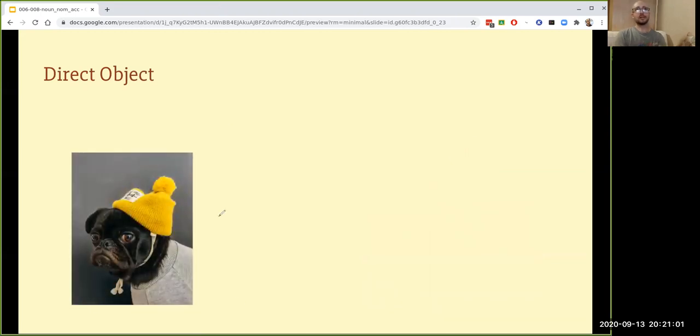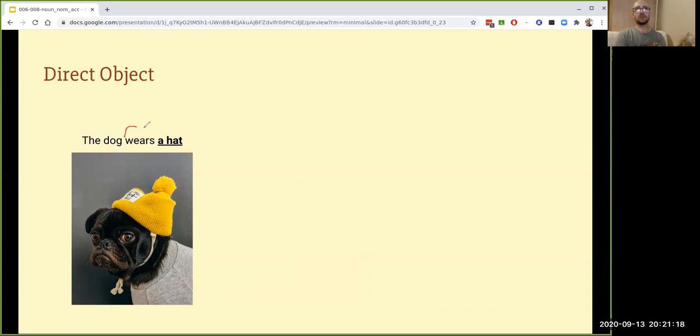Okay. So a direct object is part of that description. Not every sentence has one, but we could say, for example, the dog wears a hat. So the dog is our subject. Wears is part of the sentence that's describing the dog.